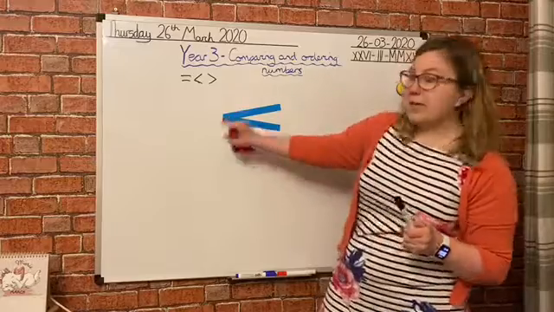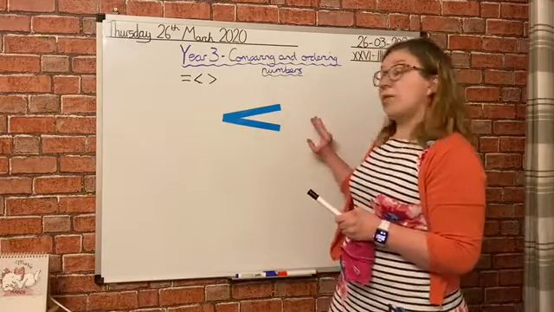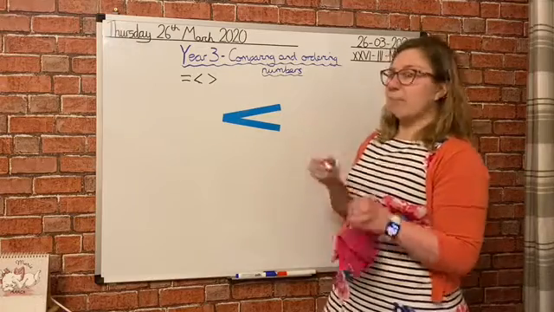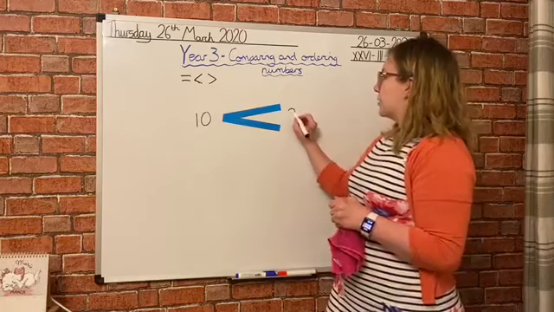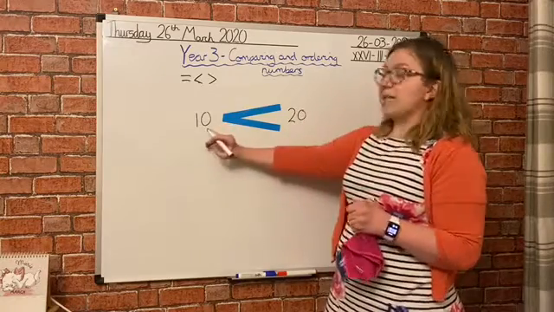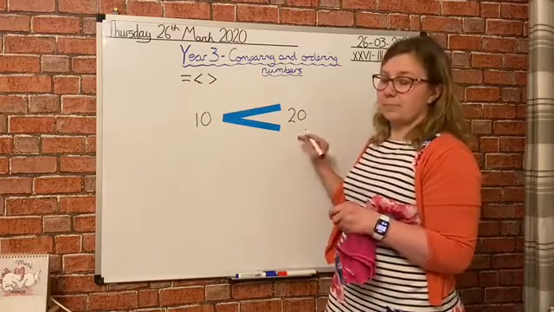So whatever is on this side of the symbol is going to be smaller in value than whatever is on this side of the symbol. For example, 10 and 20. 10 is smaller or has less value than 20.